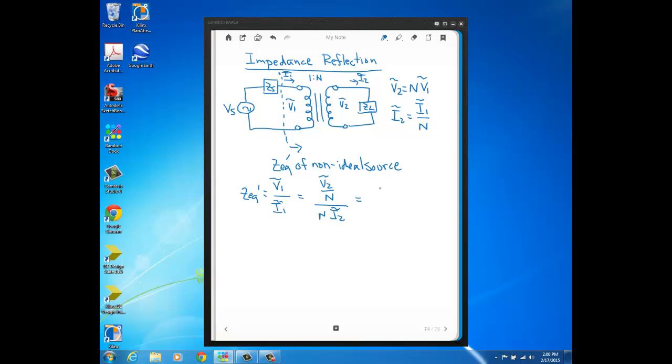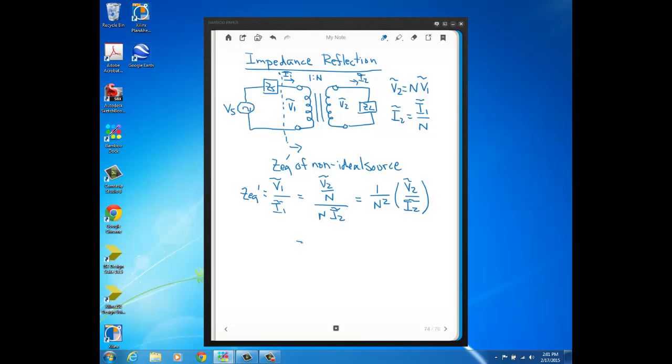Now if we just rearrange this, we can show that this Z equivalent of the non-ideal source is equal to 1 over N squared times secondary voltage divided by secondary current. Again, that's a prime. So if you look up here, secondary voltage divided by secondary current, that's just ZL.